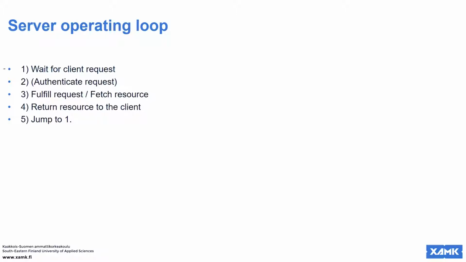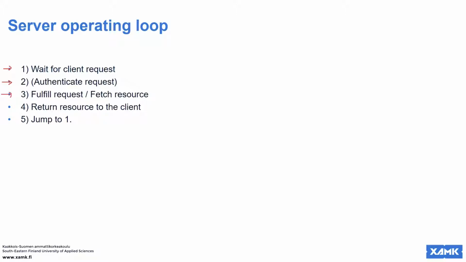So what a server does, it actively waits for some client to request a resource from it. Then the next step would be to authenticate that this requester is someone who we are supposed to serve, but that's not really a topic of discussion for today.